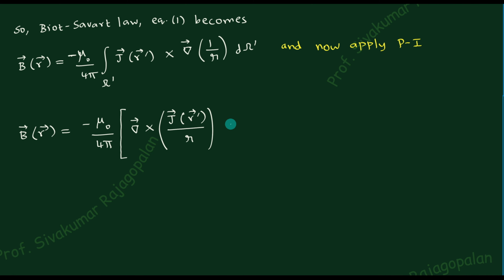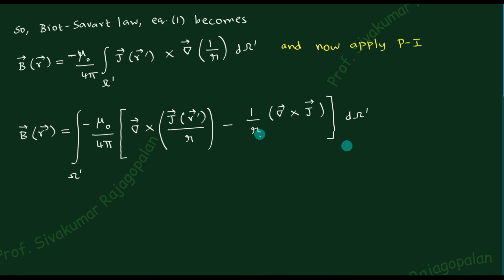You should remember what is the term that was there, so that it will be easy, and every time going back and coming is very difficult. If you are writing in the note, it will be easy. And then that's all, two terms are over. Close the bracket. d omega prime.